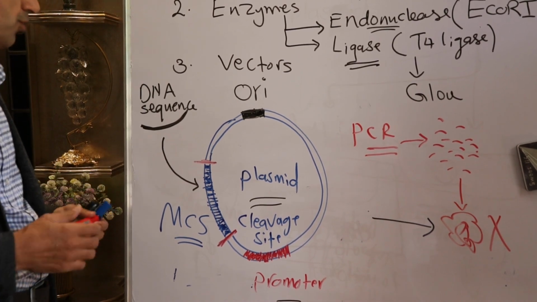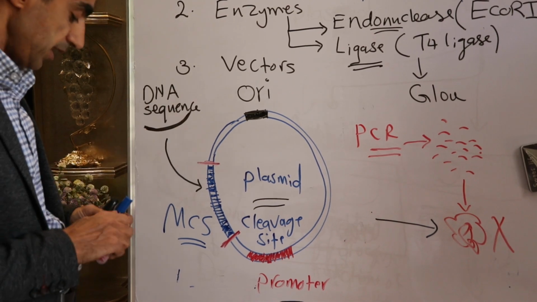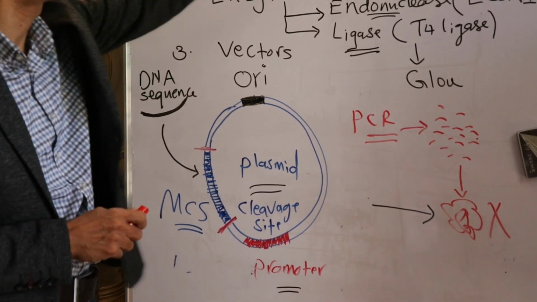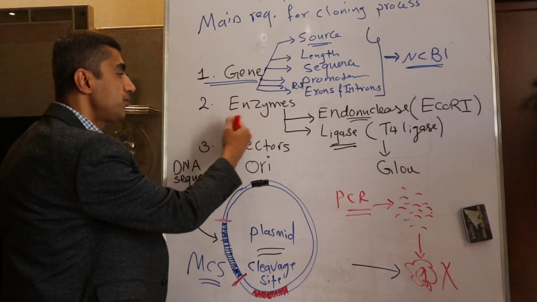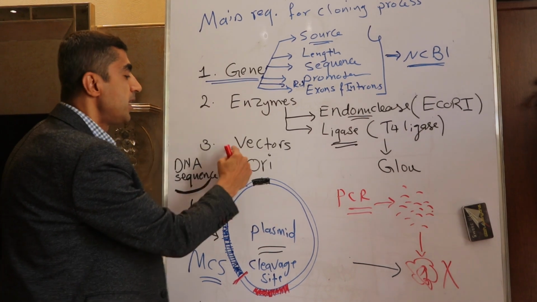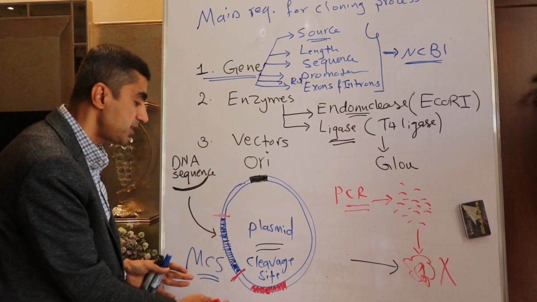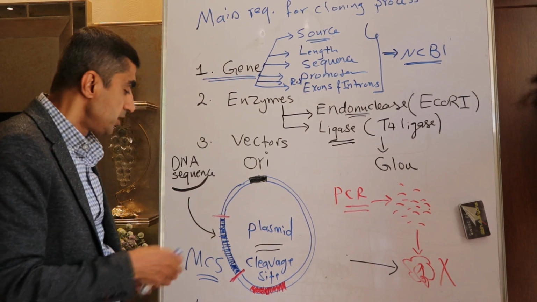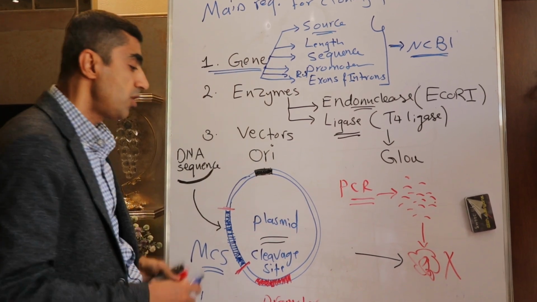The third issue is related to the main requirements for the cloning process. Firstly, we said genes, then you have to know the names of the enzymes and vectors. We took the plasmid as a vector for inserting our DNA sequence into a host.